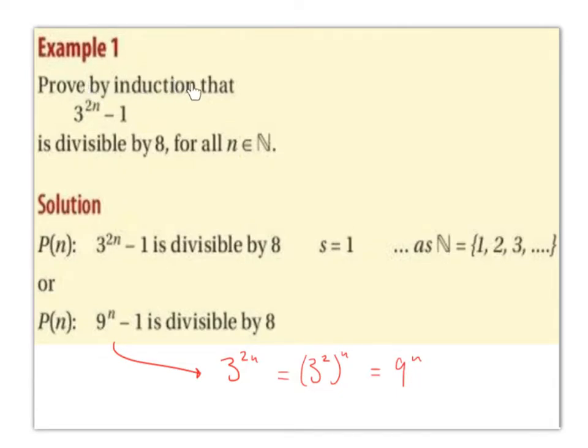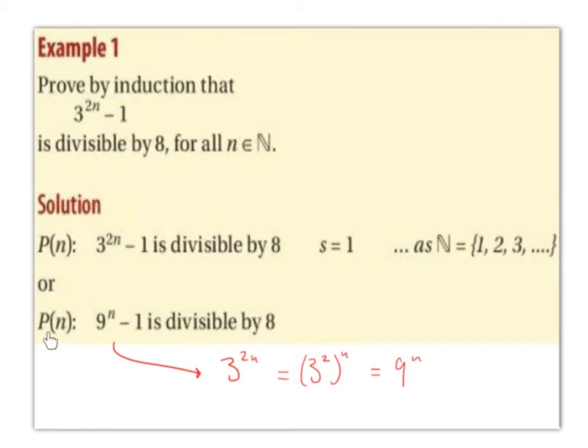Prove by induction that 3 to the power of 2n minus 1 is divisible by 8 for all n values, elements of the natural number set. So P of n is 3 to the power of 2n minus 1 is divisible by 8. S, the starting number, is equal to 1, as the natural numbers are 1, 2, 3, and so on.